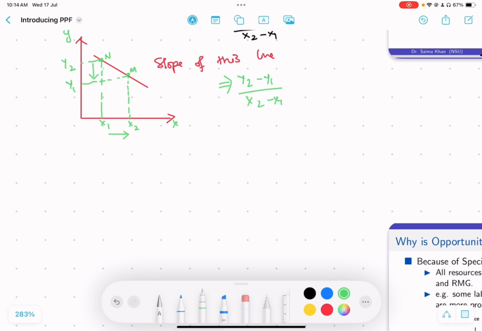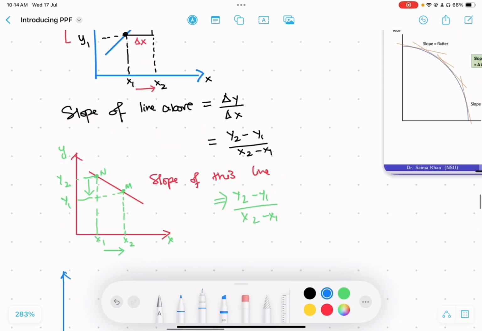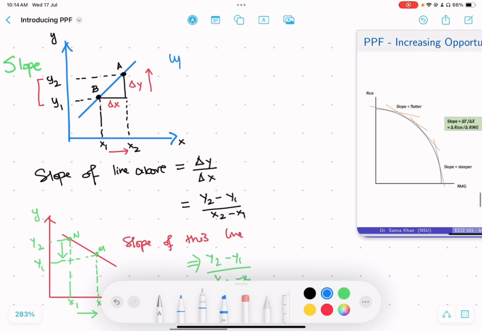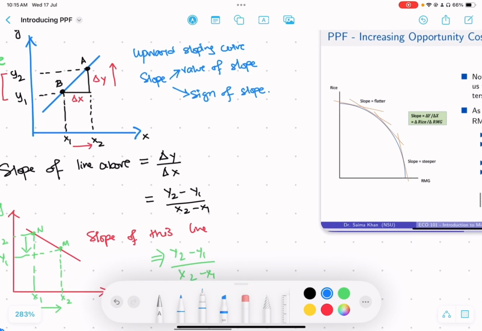Something more about slopes. I'm going to cover some extremes. Before that, you need to keep in mind that this is an upward sloping curve. The slope has two parts: the value of the slope and the sign of the slope.